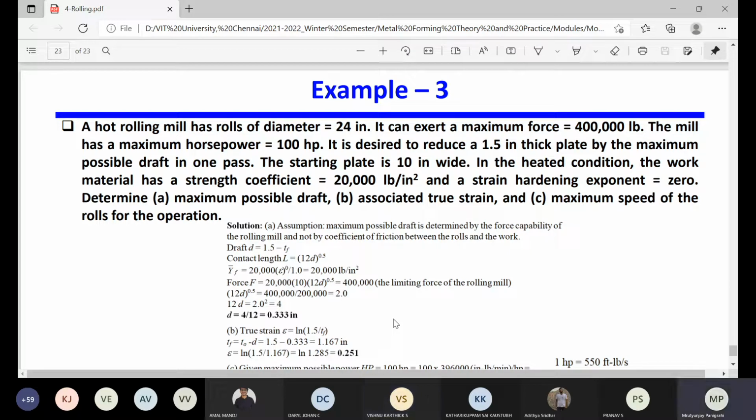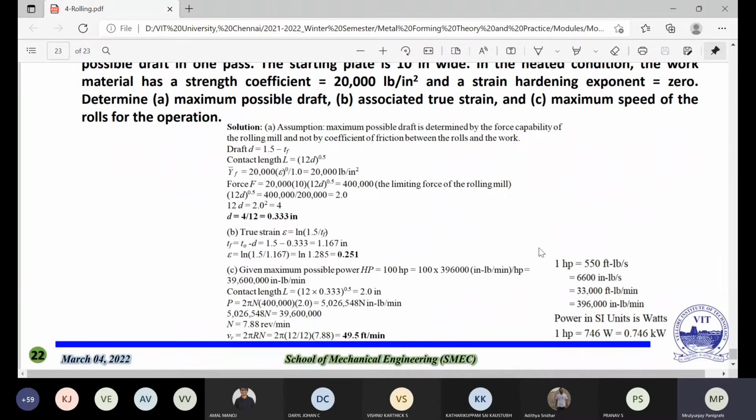Okay. And for the third part, now you only have to make a conversion. It is asking for the maximum speed of the rolls for the operation. The mill has a maximum horsepower of 100 HP. You cannot take HP directly here, so you have to make a conversion.